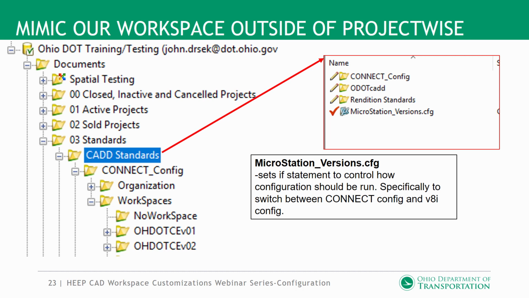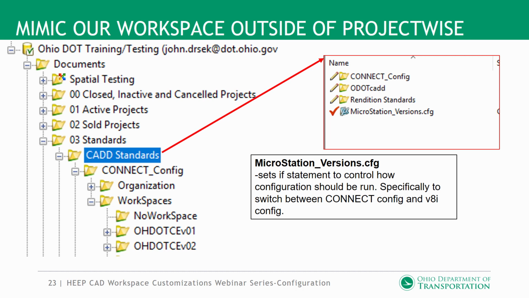Looking inside our data source, we have a standards folder to hold all of our standards, and inside there we put a CAD standards folder. This is where we're going to house all of our CAD standards. Inside that folder, we have a Connect config folder for all of our Connect configuration. We put our OHDOT CAD, which is our V8i standards, right there.